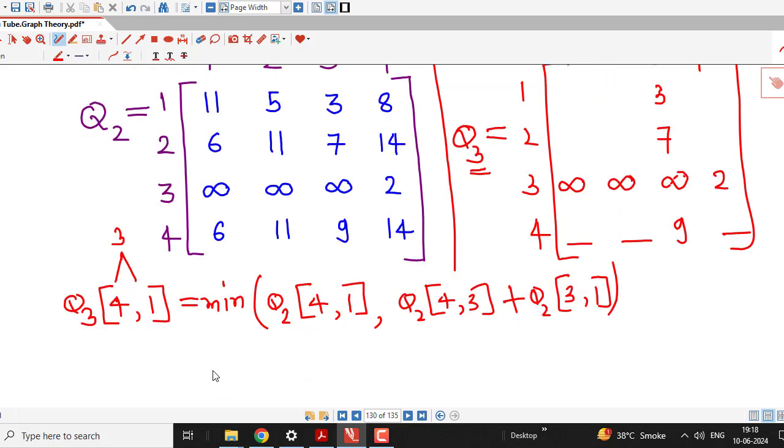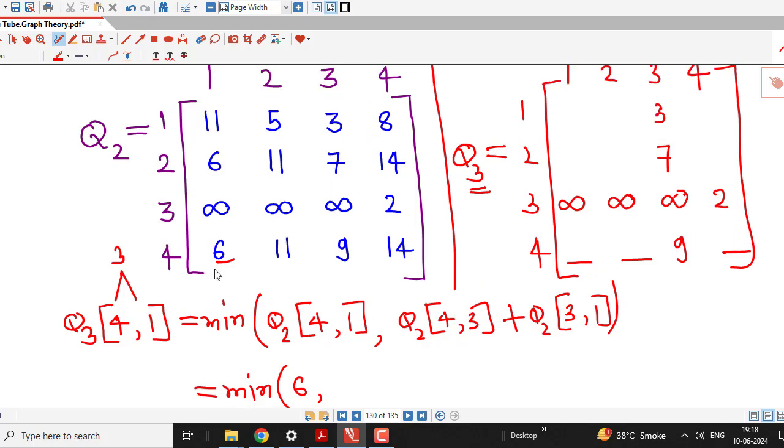We have these entries of q2, the minimum of q2 4 1, which is 6 from this matrix. What is q2 4 3? Q2 4 3 is 9 plus q2 3 1, which is infinity. So this is going to be 6, because infinity plus 9 is infinity. So this entry is 6.